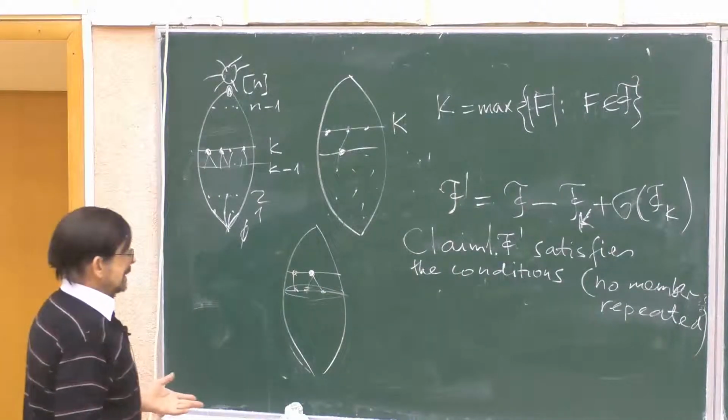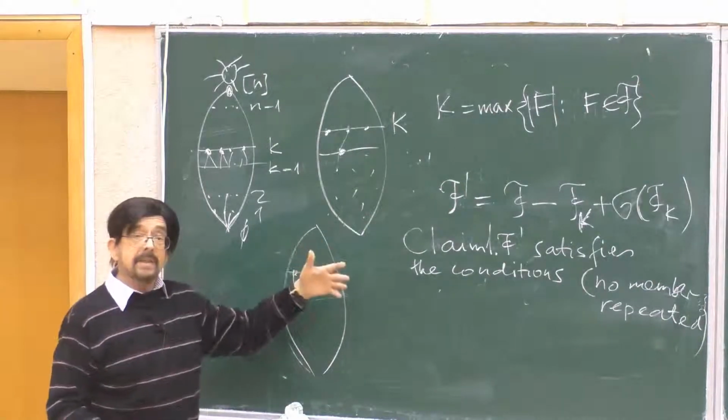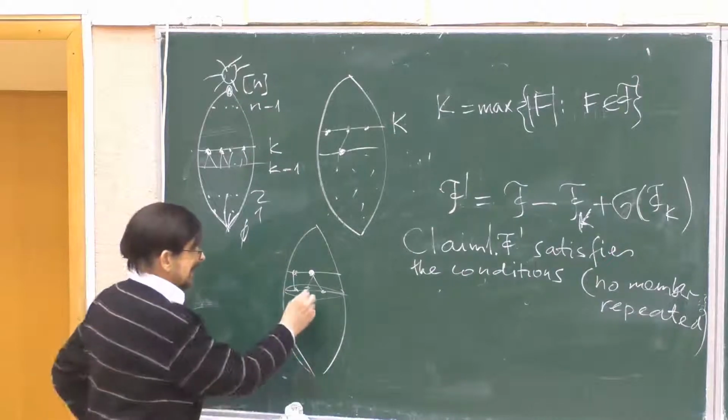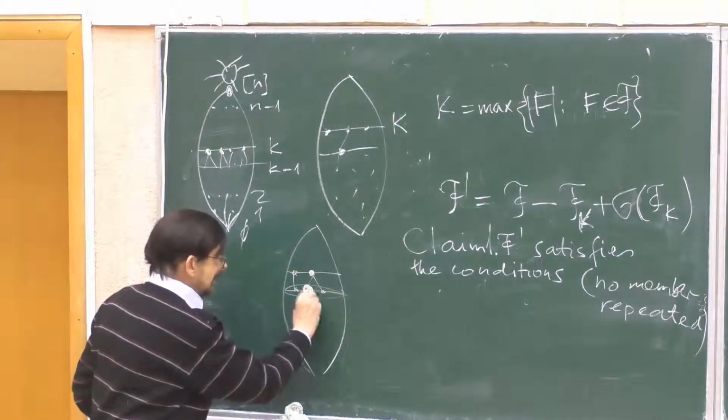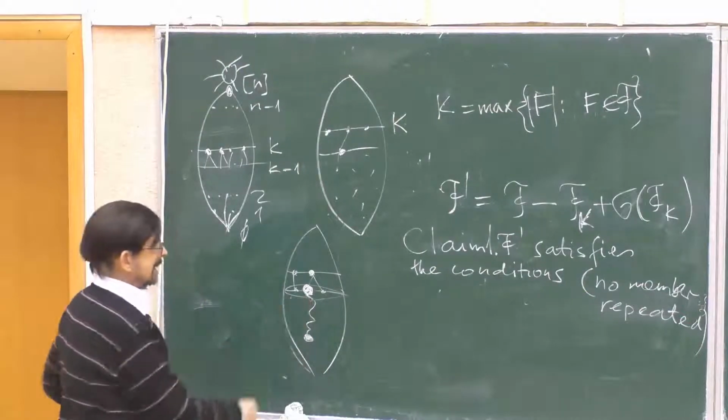And they are the maximum after this change. So the only thing that can happen is that this set is a superset of some other set in the family.